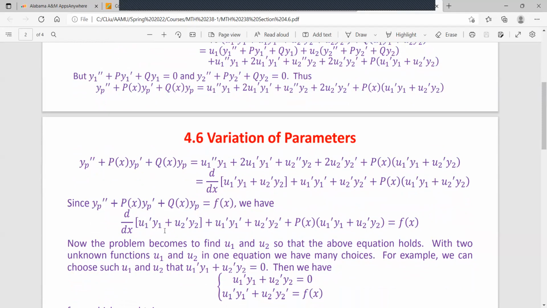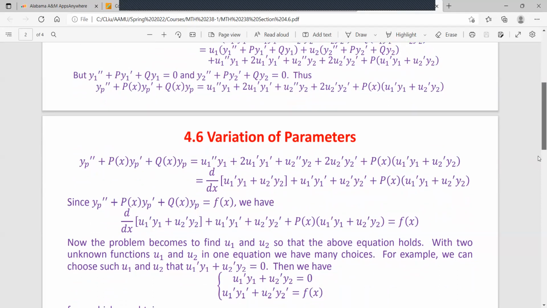So that gives us a lot of freedom to choose what u1, u2 can be. And we just choose the easiest way to do it.